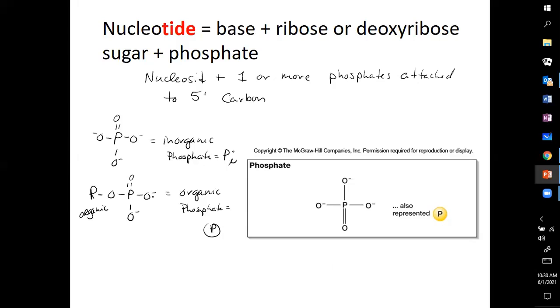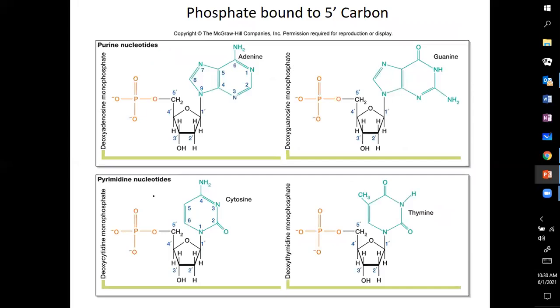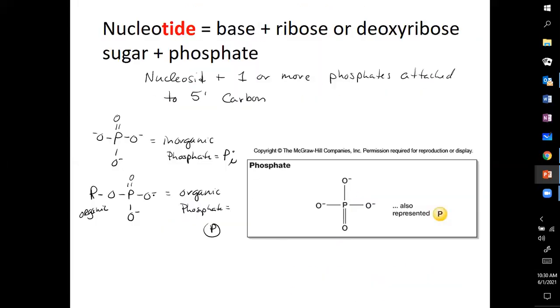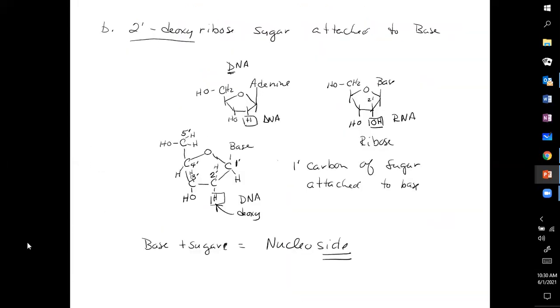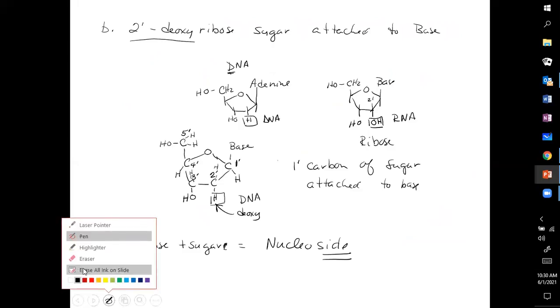So let's go ahead and tack it on to the end of our structure. I want to draw it out for you all because I think it's important. Let's put a base on here. Let's put guanine attached to the 1' carbon of the ribose sugar. This hydroxyl group that was on the carbon of the sugar is replaced by the phosphate.